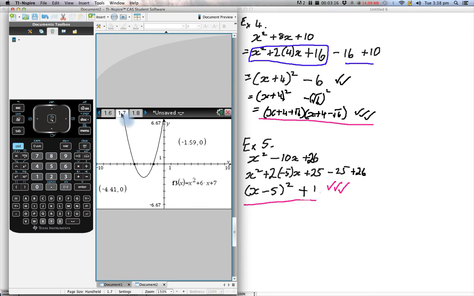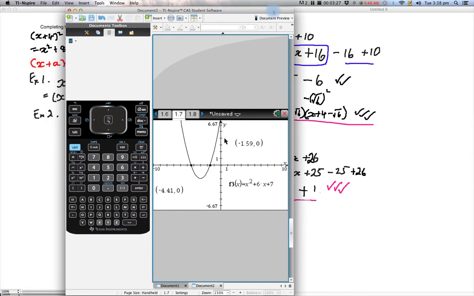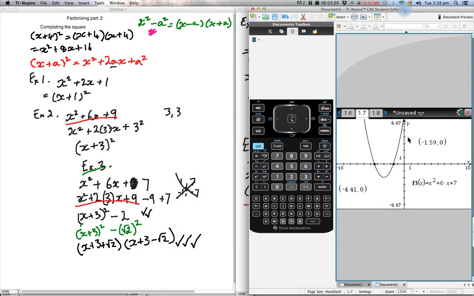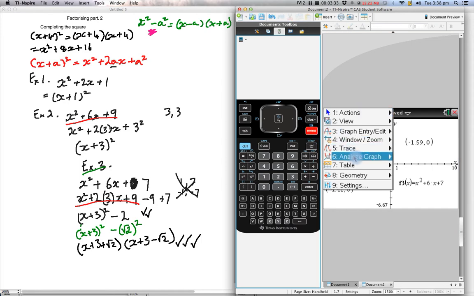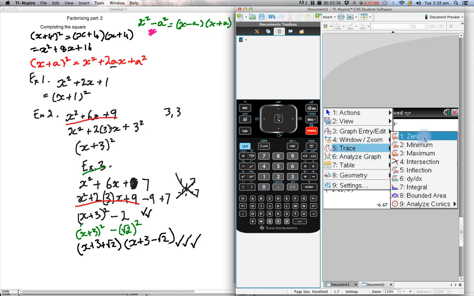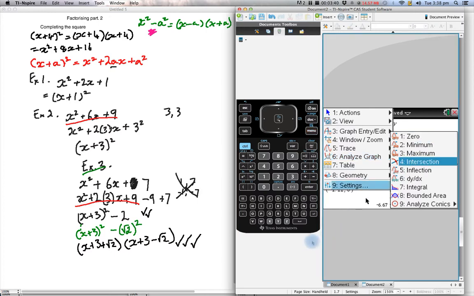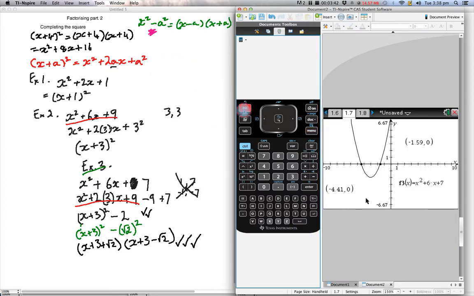Alright, so what we're going to be doing is investigating why these two axis intercepts were these two points here. And it's related to why on the calculator, when we go analyze graph, the intercepts are called zeros. That's because we know the x-intercepts are when y equals 0.